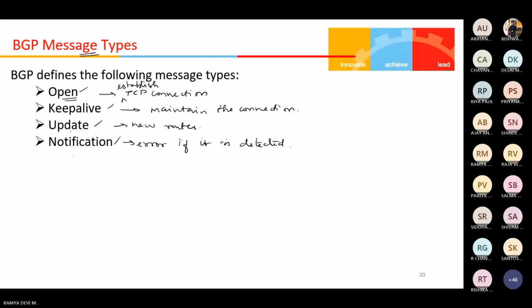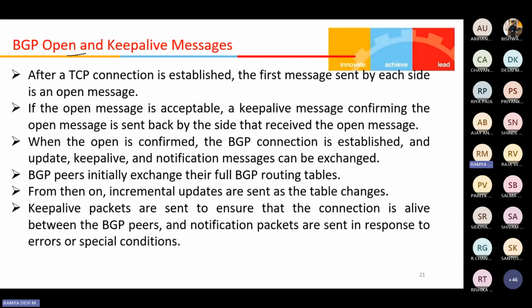Okay. So now we'll see each thing in detail. First we'll see open and then keep alive messages. TCP session initiation can be done with the help of the open message. BGP will be establishing a TCP connection between the two peers on port number 179.